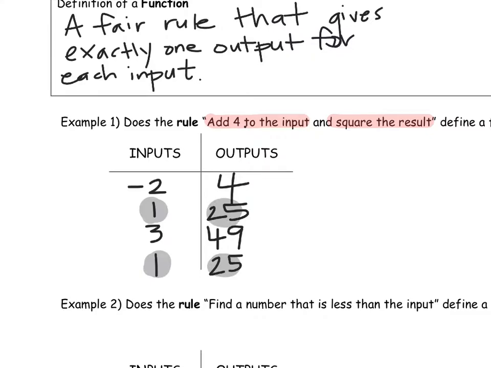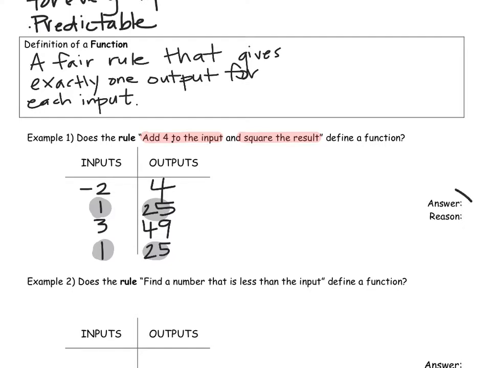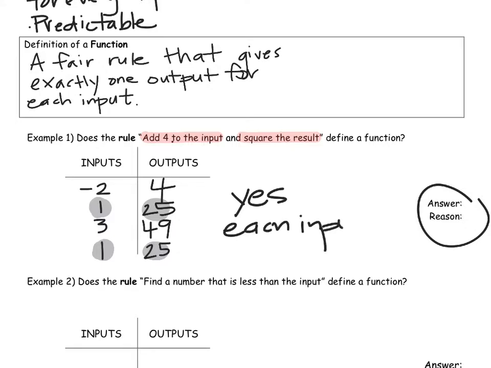There is only one output that belongs to the input of 1. So does this define a function? Over here it says answer and reason. The answer is yes, this is a function, and the reason is each input gives one output.